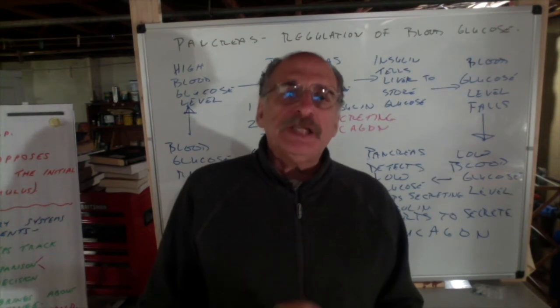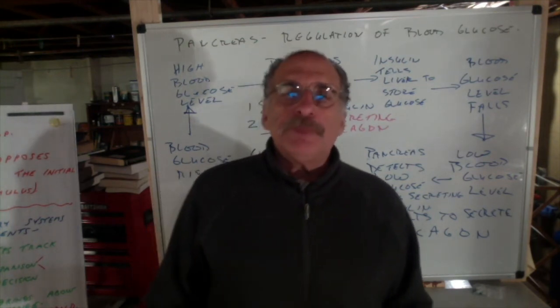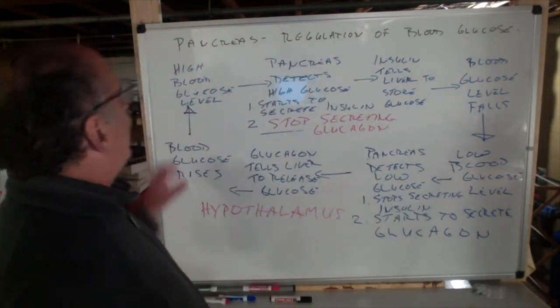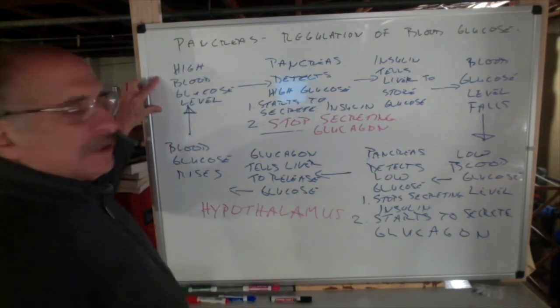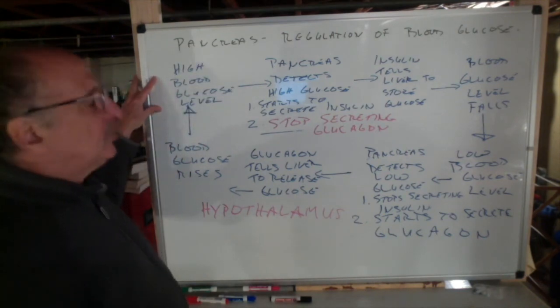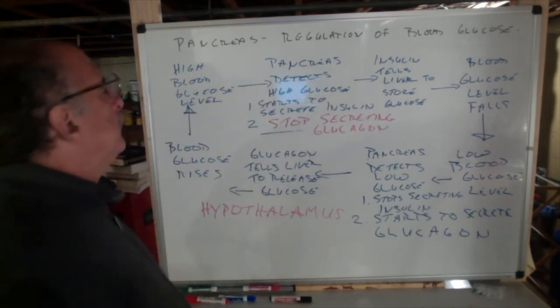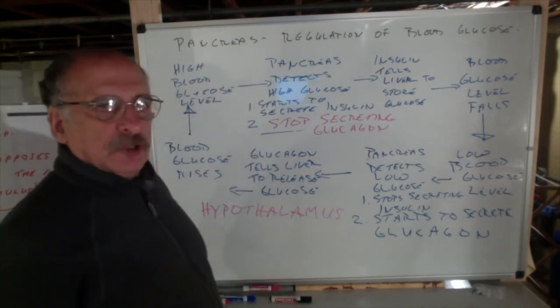Now, the next part is a little tricky. It's because you could say that everything that comes after that condition of a high blood glucose is a response. So I say I have an initial condition of a high blood glucose level.